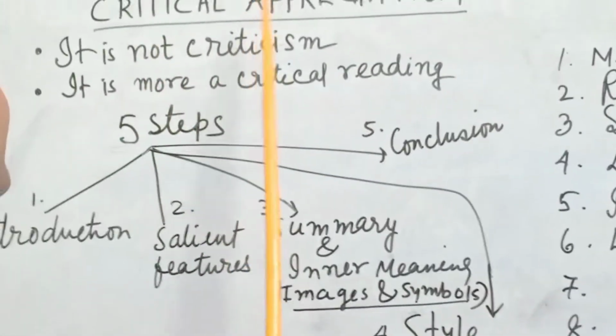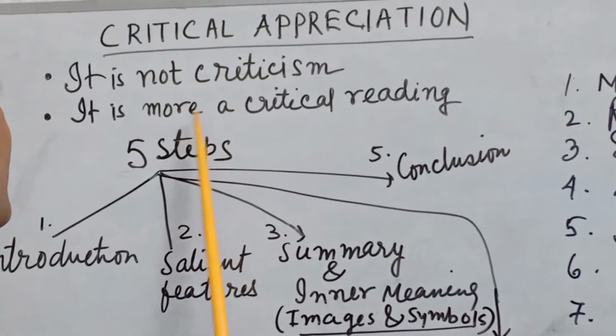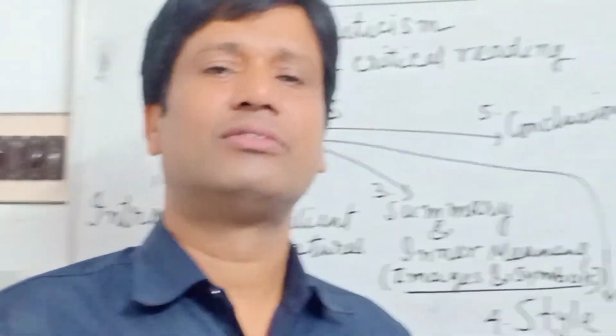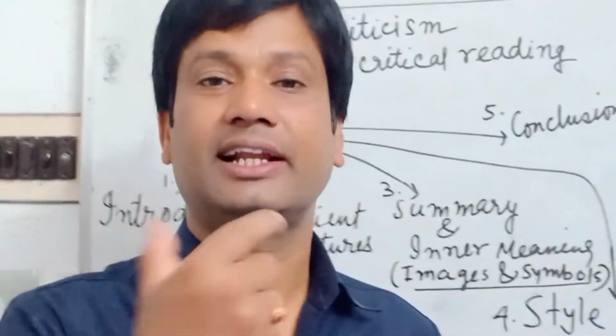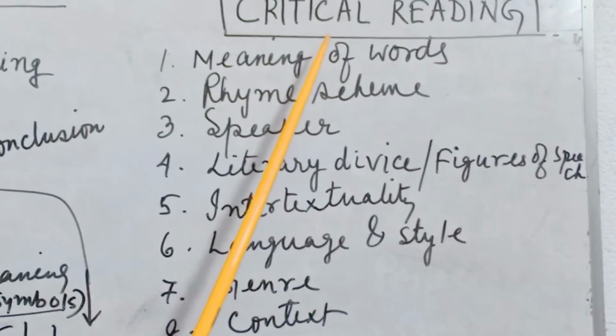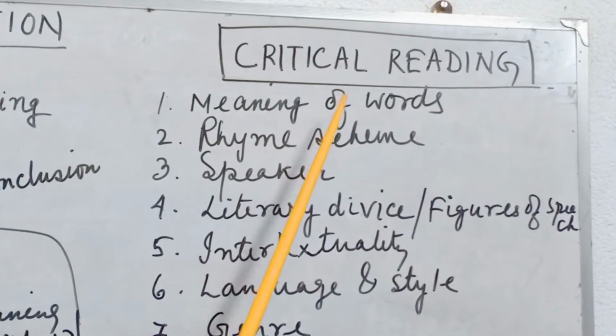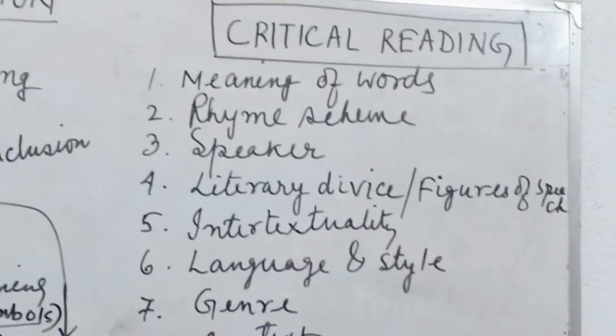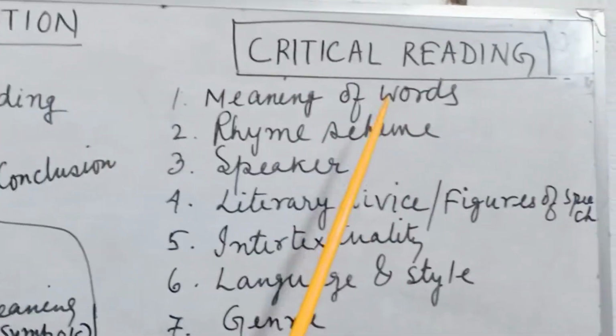So critical appreciation is more a critical reading. What should be done for critical reading? Look at the whiteboard. Critical reading involves these items. Meaning of the words.